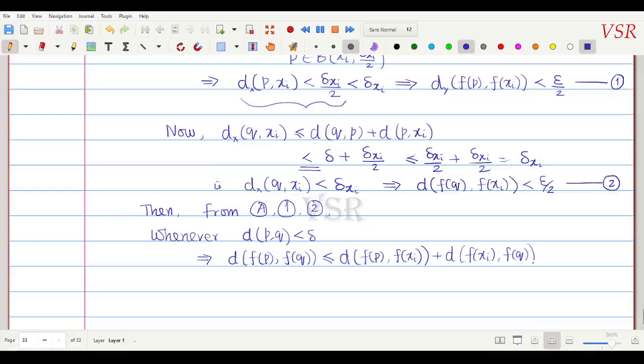This is less than epsilon by 2 plus epsilon by 2, so that is equal to epsilon.